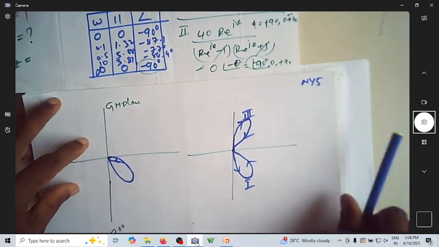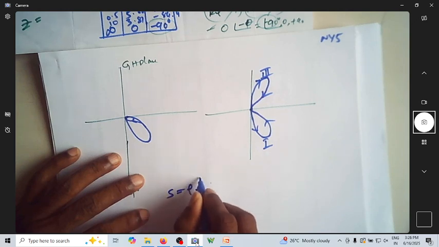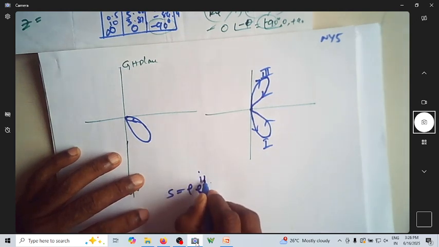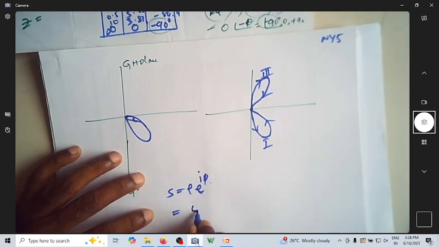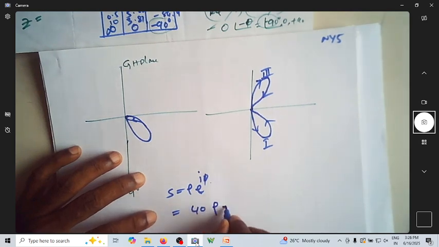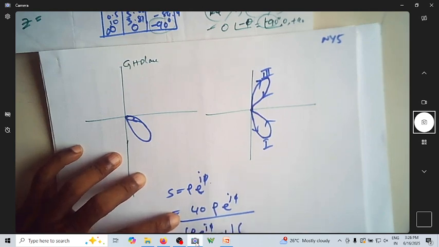How about the fourth segment? Fourth segment, I have to map it with s is equal to rho e power j phi. So it is now 40 at an angle. So rho e power j phi divided by rho e power j phi minus 1, which is rho e power j phi plus 2.